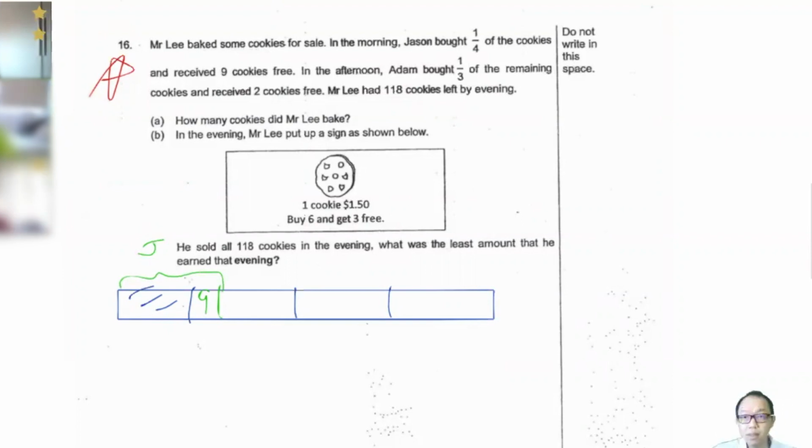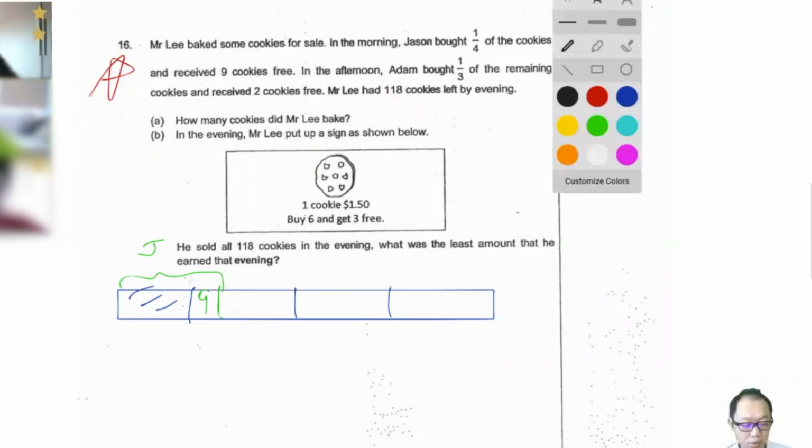So what's left? Okay, wait. Let me go with the model drawing diagram first. Then in the afternoon, Adam bought 1/3 of the remaining. So I want to do a drop down remainder. It's from here to here.